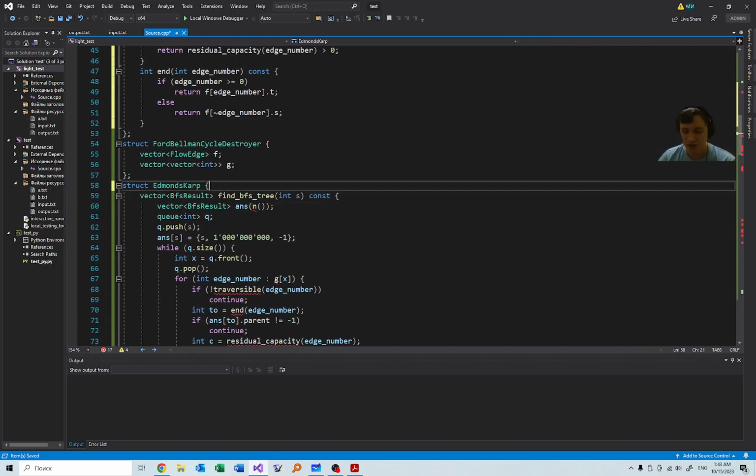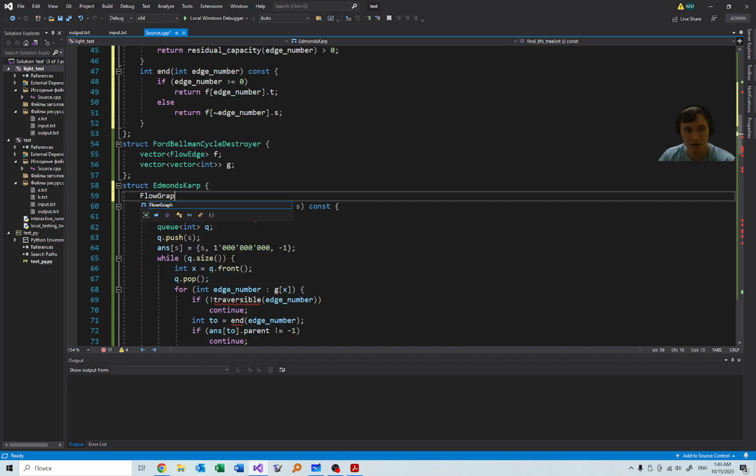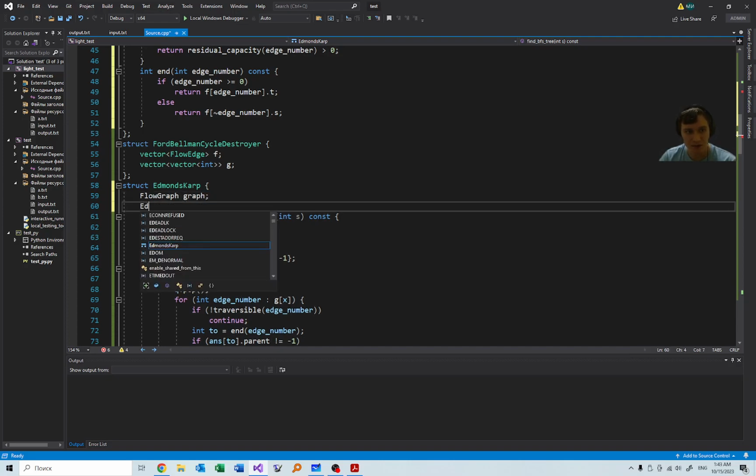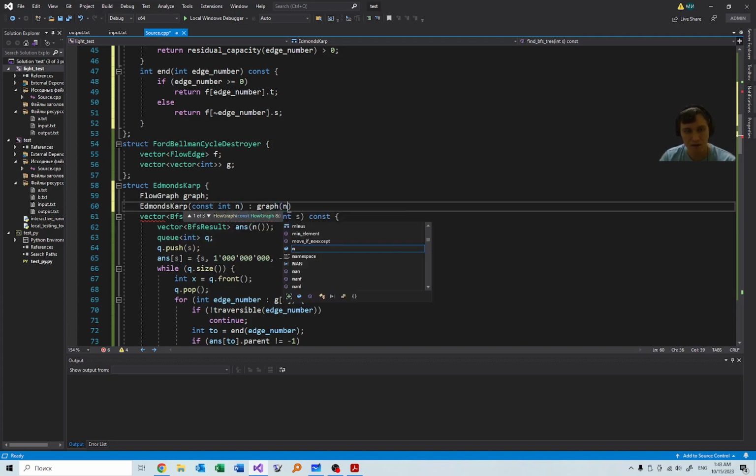So Edmonds-Karp just stores flow graph. So Edmonds-Karp runs graph of n.